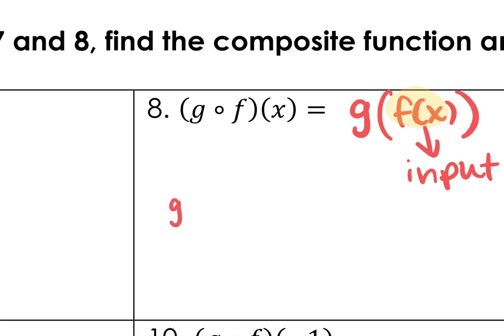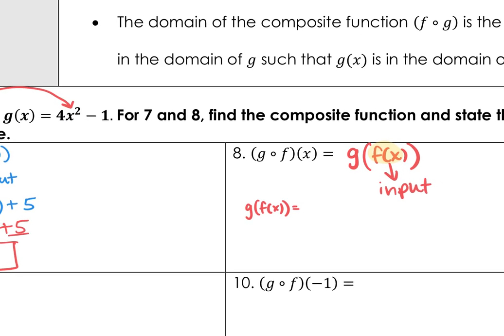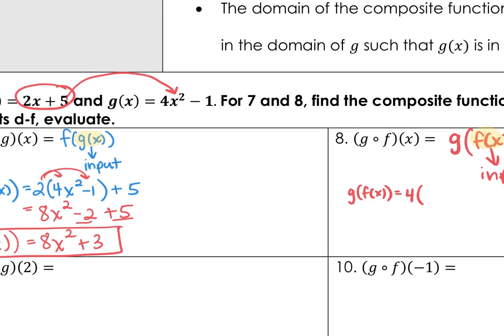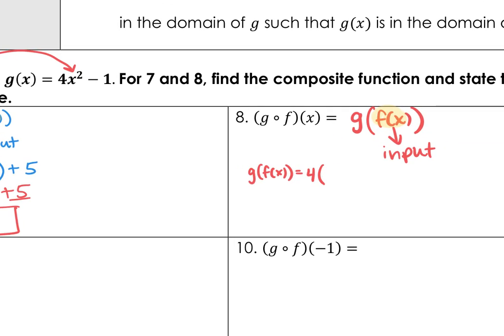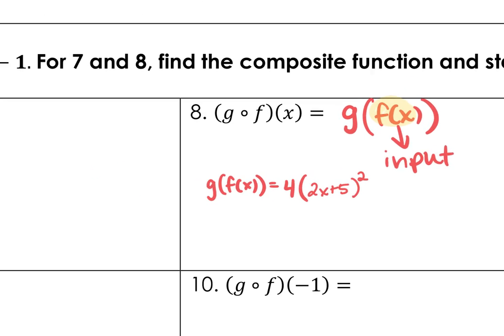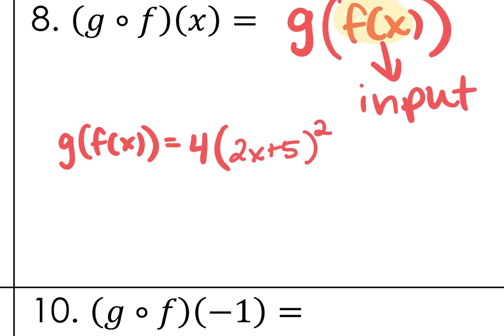So g of f of x is going to be equal to 4 times, because we're going to plug in the 2x plus 5, squared, and then minus the 1.